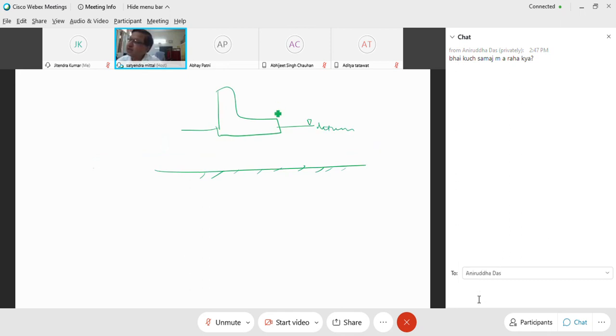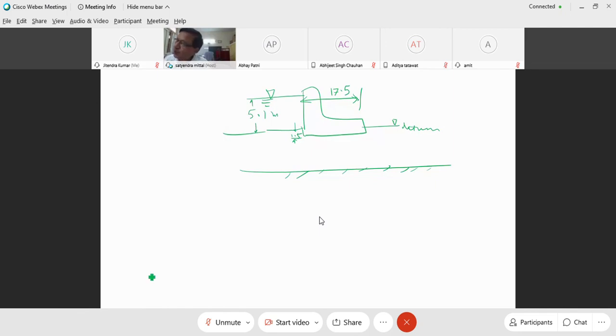The length of this is, let us say, 17.5, and this is, say, 1.5 meter. This is the water head, say it is 5.1 meter. And you provide, let us say, a cutoff wall of 8 meter depth, and let us say this is 14 meter.